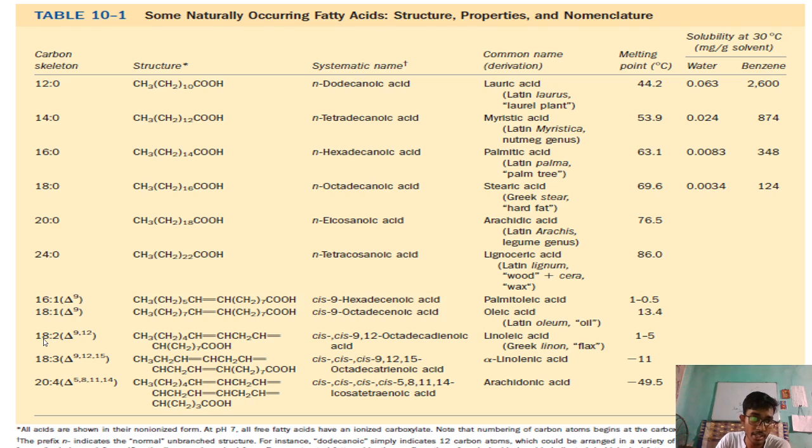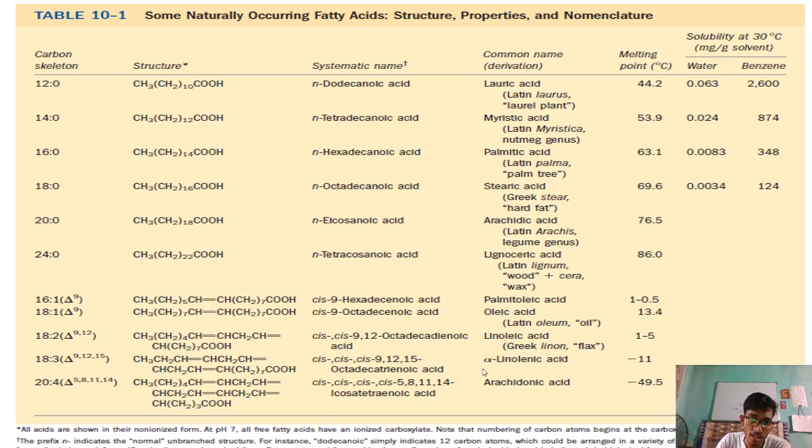Linoleic acid contains 18 carbons, so we write octadeca, and two double bonds are present, so dienoic acid. Cis, cis, as the configuration is cis, and the double bond positions are 9, 12. Octadecadienoic acid.